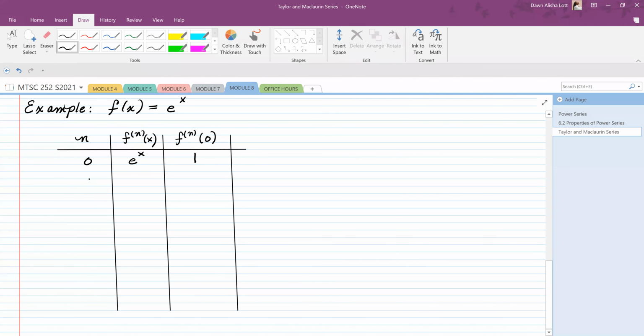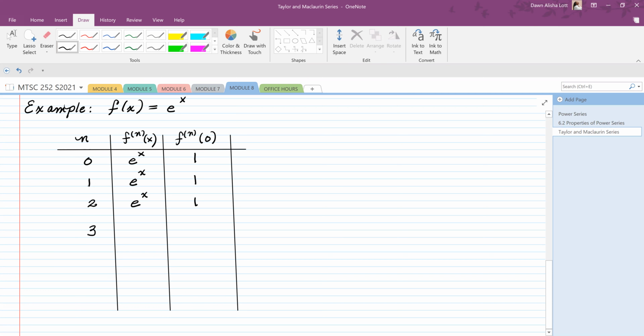When n is 1, I get the first derivative. Well, that is e to the x. And when I evaluate e to the x at x equal to 0, I get 1. When n is 2, I take the second derivative. Well, I get e to the x. And when I evaluate that at 0, I get 1.